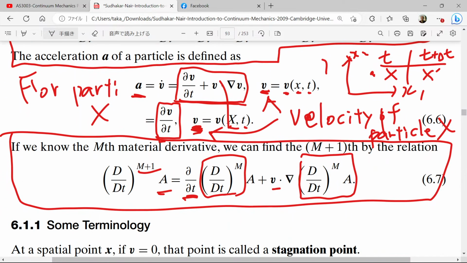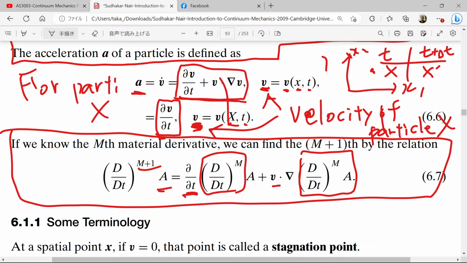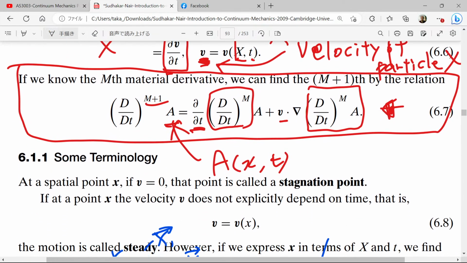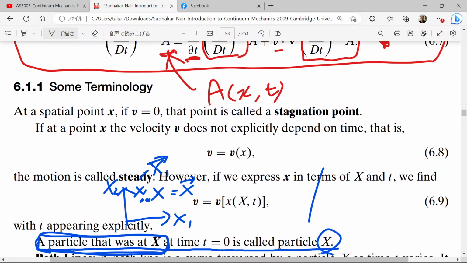But the complication happens when a is given as a function of spatial coordinate and time, then you have to use this formula. I think this is clearer than last time. Yeah.